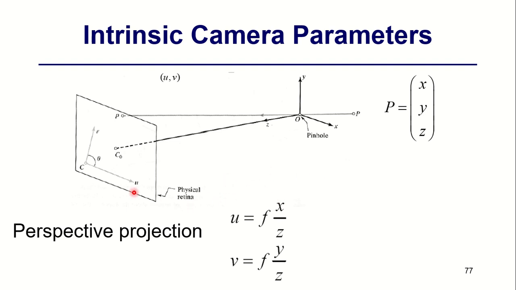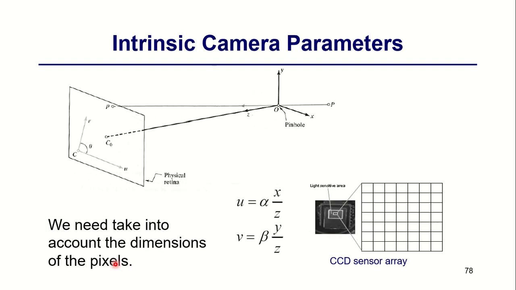This is the physical retina at which we observe the object, that is, the pinhole camera. So the perspective projection: this is the point P, X, Y, Z, and U and V are the image coordinates, where F is the focal length. We need to take into account the dimensions of the pixels.